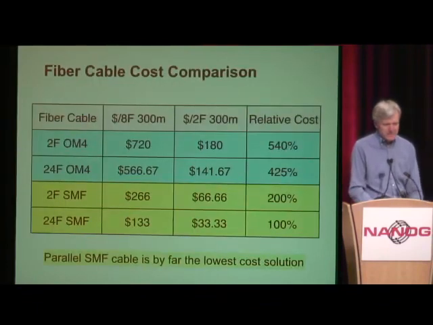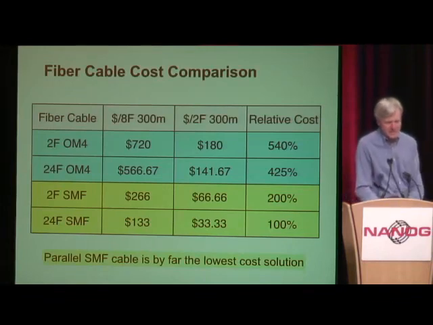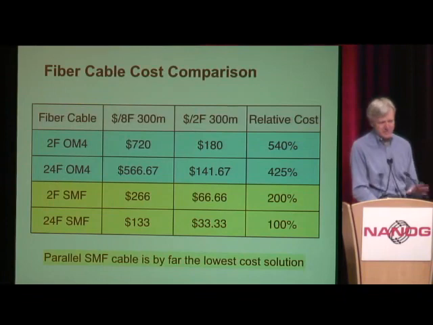So the crucial thing here is that parallel fiber, in particular parallel single mode fiber, is vastly cheaper than traditional duplex multimode fiber. These customers are large quantity, like 100 kilometer spool kind of numbers, so basically you buy it wholesale from the fiber manufacturer, and I normalize them down to 8 fibers and 2 fibers for 300 meter or 1,000 foot distance.